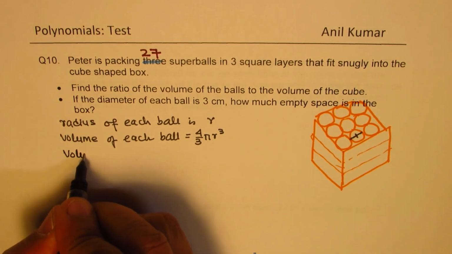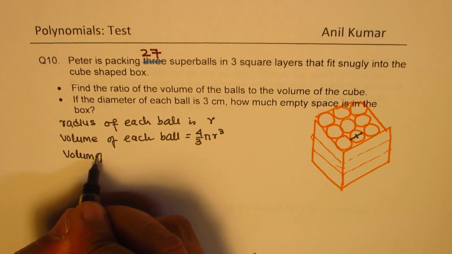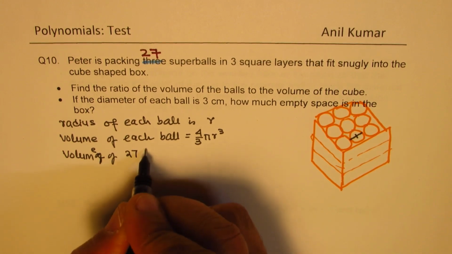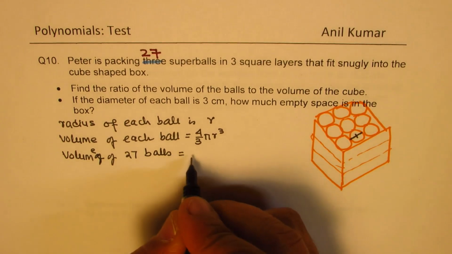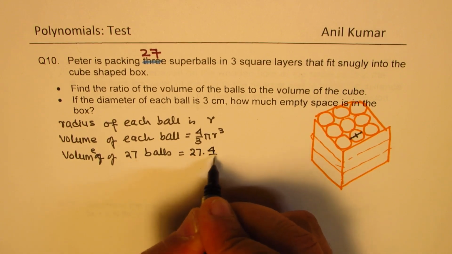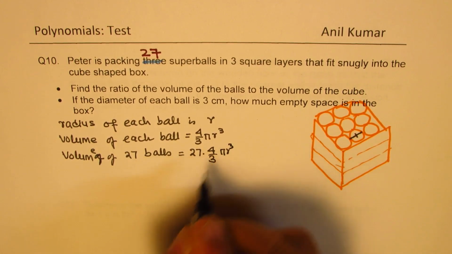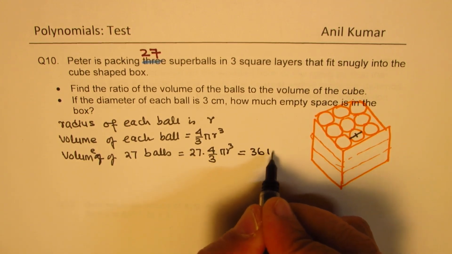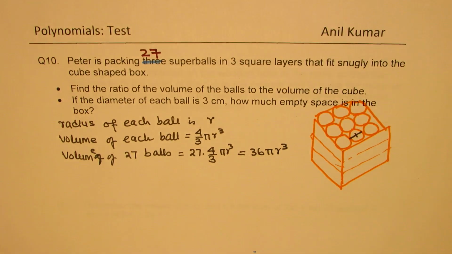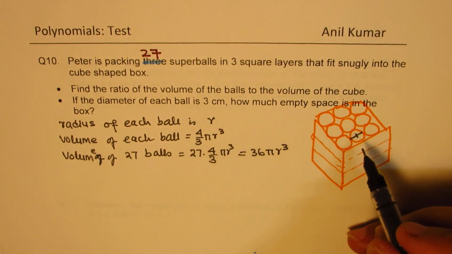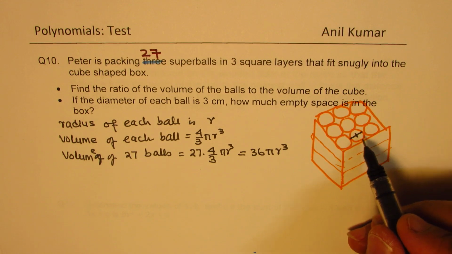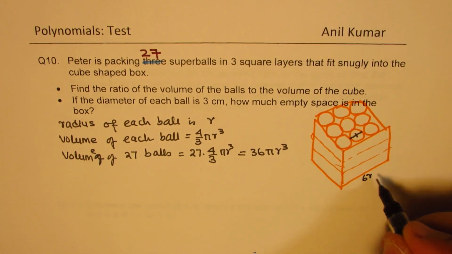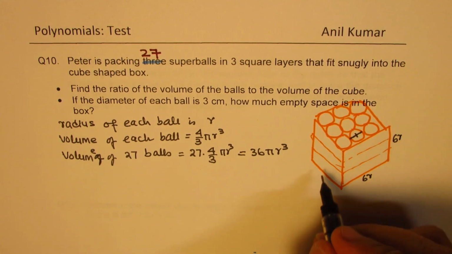And so we have volume of 27 balls will be 27 times 4 by 3 pi r cube, right? And that gives you 9 times 4, 36 pi r cube, right? Now, if r is the radius, in that case, 2r, 2r, and 2r, each side will be 6r. Correct?